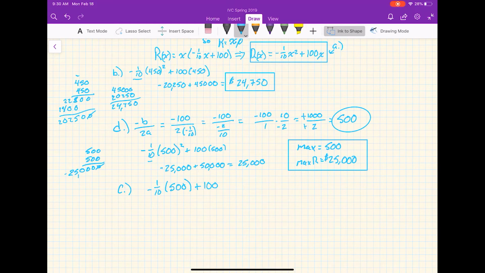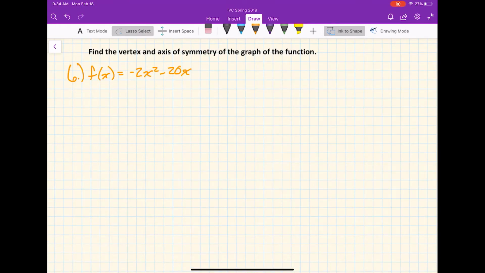And it's pretty easy to see we're going to get negative 50 here. Negative 1/10 times 500 is basically eliminating a zero and putting the negative sign there, plus 100, which is going to be 50. So 50 bucks. That is what we should do. This is actually an E, not a C, I know, but yeah. $50 is the price that we should charge to reach that maximum.